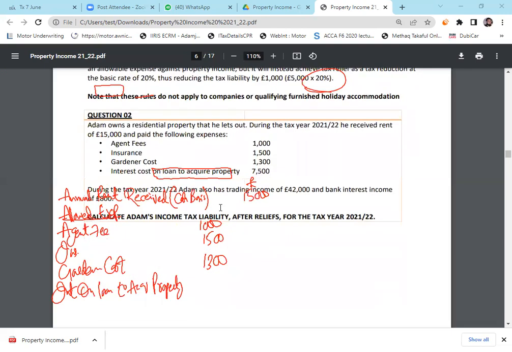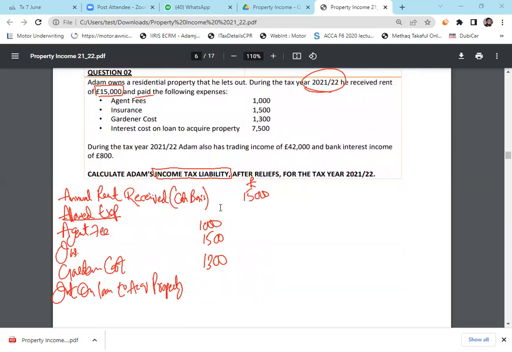This is an exclusion of the normal rule that revenue expenses are allowed. Interest on a loan to acquire property will never be allowed, and you must write 0 here. Writing a 0 will give you the mark, otherwise you are going to lose this mark. You will write 0 or you must write a note. Better to write 0 instead of a note, because writing a note will take some time.